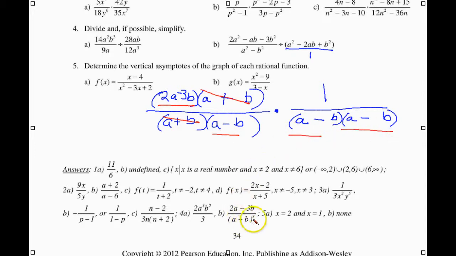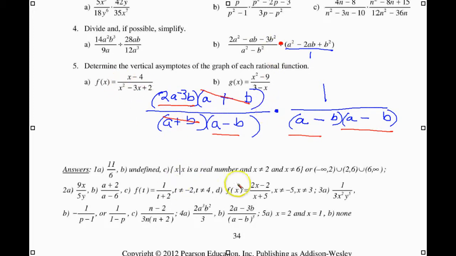So I would write it like so, a minus b raised to the 3rd power, and this over this. Okay, that's where the answer came from. But again, these are taking time because each part of it is an individual problem from chapter 5. And we have to do each one correctly. But we want to know the procedure, change this from division to multiplication.